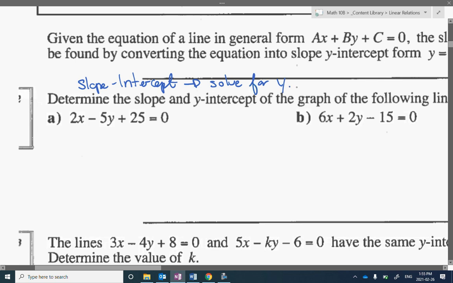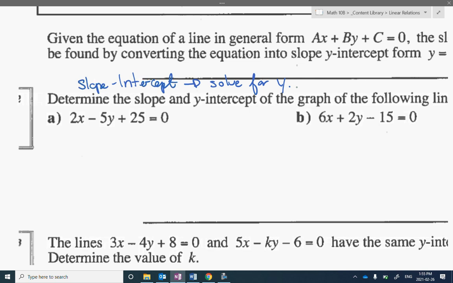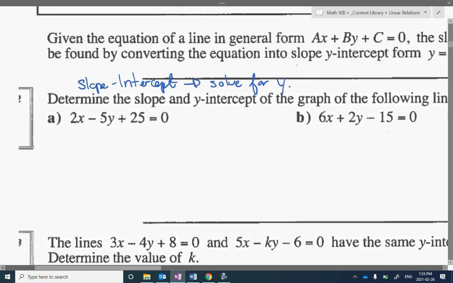You can solve for y on either side. Doesn't matter where y is. So in this one, my y is currently negative. So if I add 5 y's to both sides of my equation, it's a little bit easier just by manipulating. So then I'm going to get 2x plus 25 is equal to 5y.